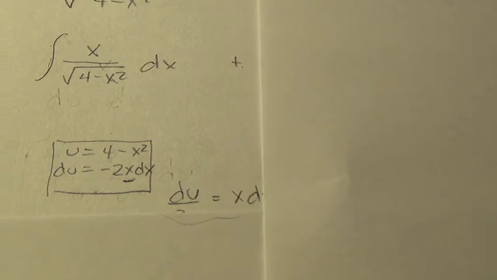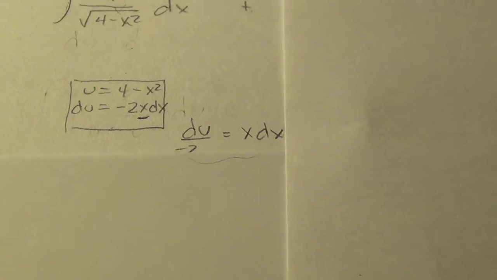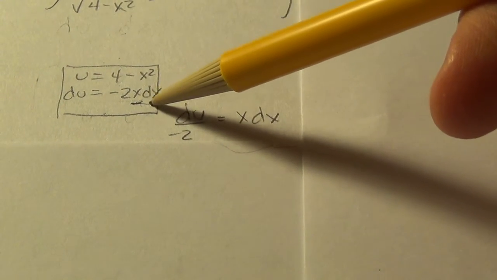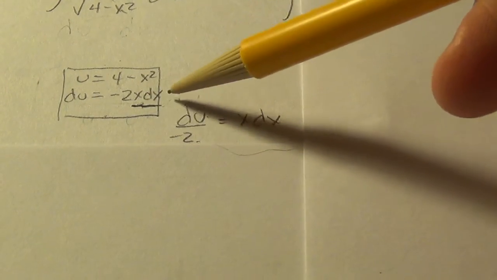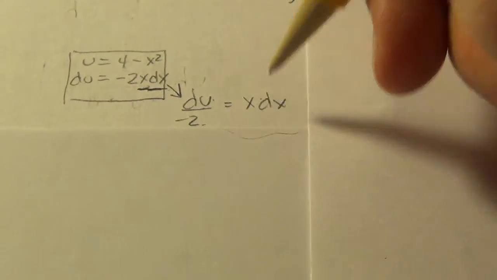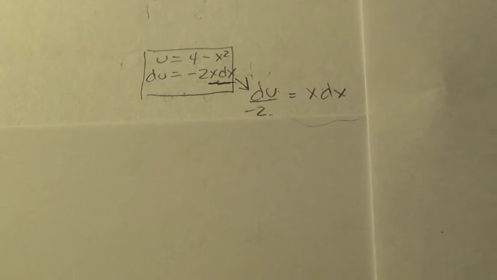So I solved for x dx, and x dx is du over negative 2. So I went from that expression to one that had an x dx, which is in my problem and needs to be substituted for.